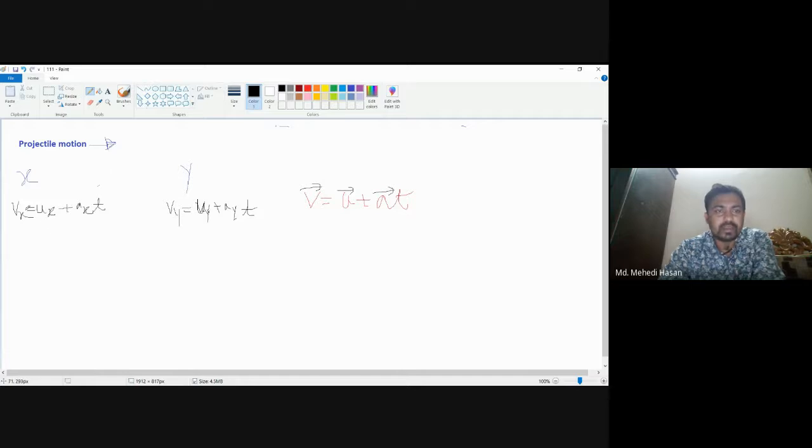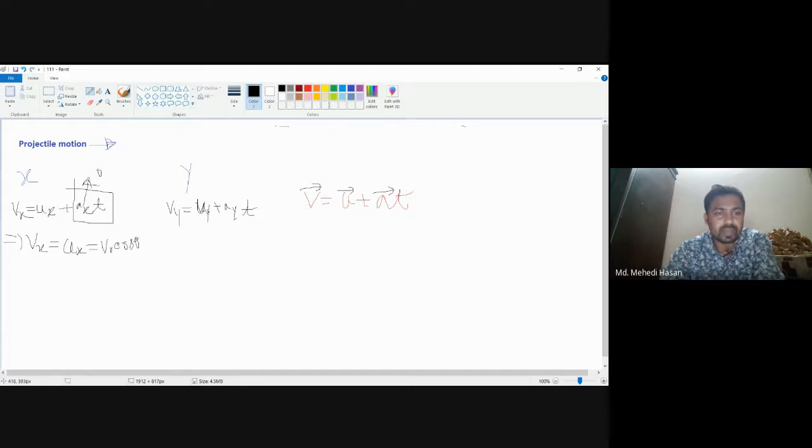So here mainly you can say that this part is 0, because there is no acceleration in the x direction. If this part becomes 0, then we can say Vx, that means velocity at any time, will be equal to the initial velocity x component Ux, or you can say v naught x, which is v naught cos theta.